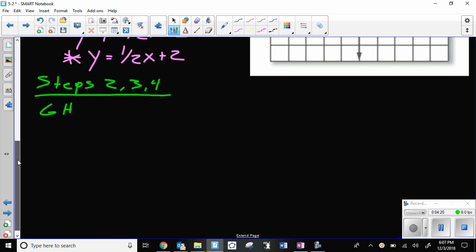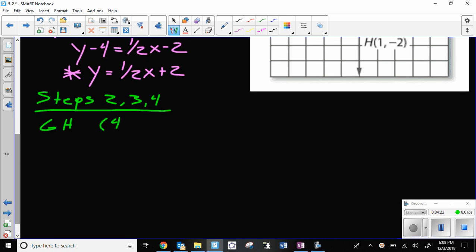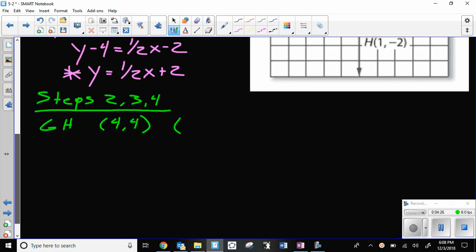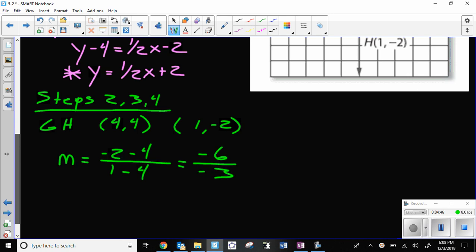My coordinates for this were (4, 4) and (1, negative 2). Again, I'm going to find slope, which is step 2. Negative 2 minus 4 over 1 minus 4 will get us negative 6 over negative 3, which simplifies to a slope of positive 2.